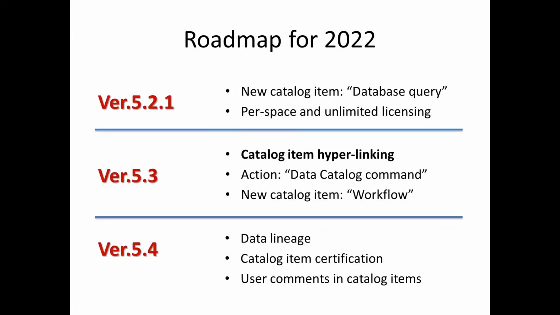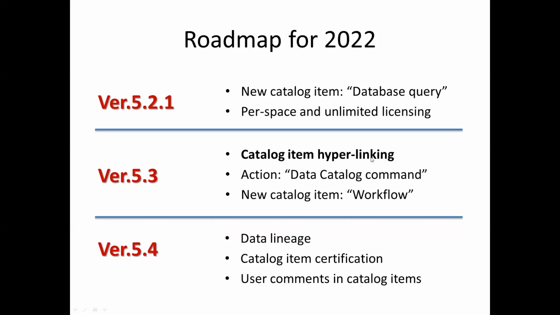But the most interesting release, in my opinion, will be 5.3. That will be later this year, probably in September. That will introduce catalog item hyperlinking, which I mentioned already, as well as the action data catalog command, which I also mentioned, and a new catalog item, workflow. That's basically a task that doesn't return anything.